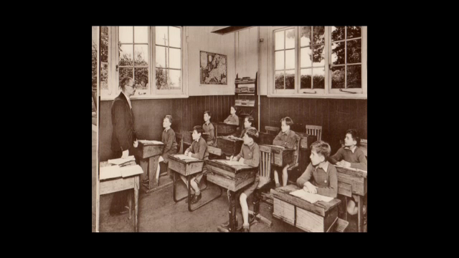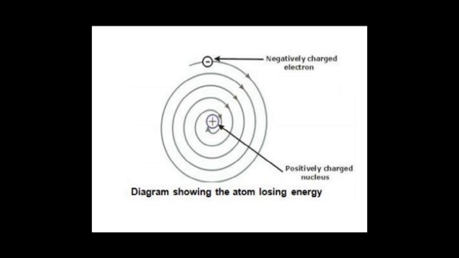One of his students was Niels Bohr, who was extremely interested in studying the structure of an atom, but later on, when he saw the Rutherford model, he was not convinced. According to the law of physics, any charged body in motion radiates energy.